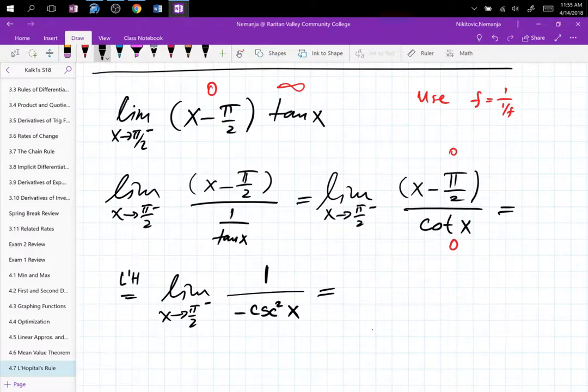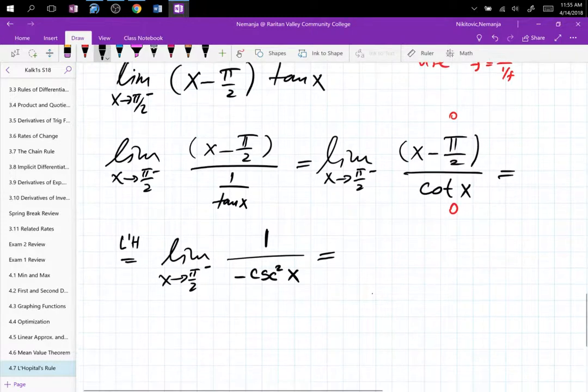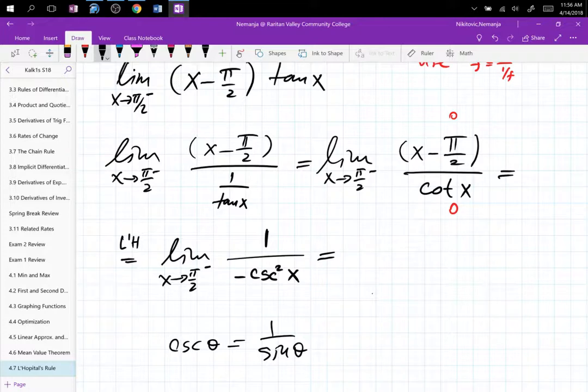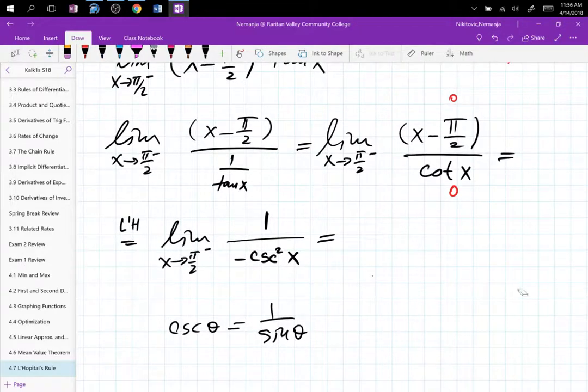What's the cosecant of pi over 2? So to calculate cosecant, you calculate sine. And then cosecant is 1 over whatever you get for sine, because cosecant theta is 1 over sine theta. So if I have to compute cosecant at pi over 2, I am actually computing sine of pi over 2.